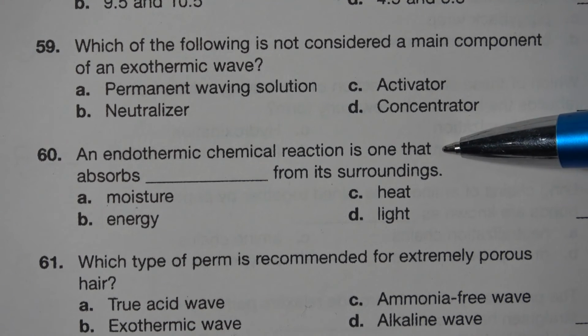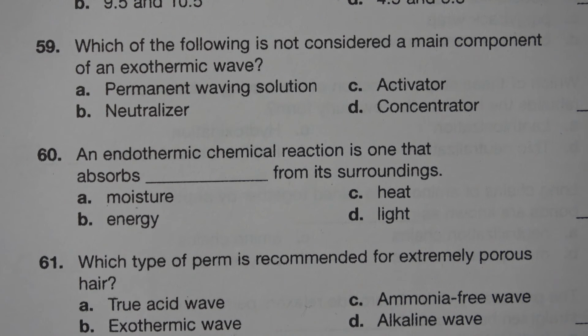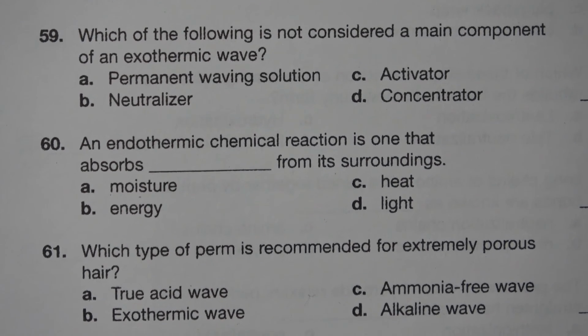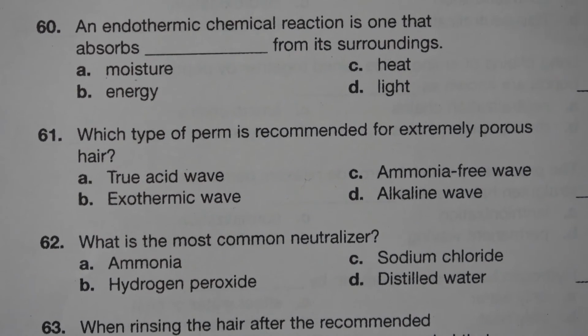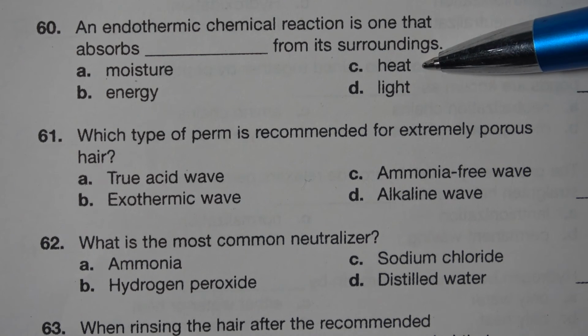Number 60. An endothermic chemical reaction is one that absorbs blank from its surrounding. Is it A, moisture, B, energy, C, heat, or D, light? And your correct answer is C, heat.